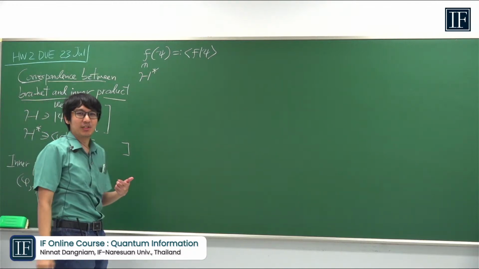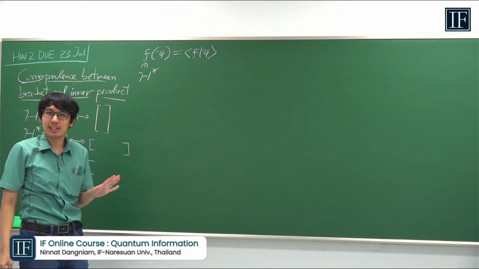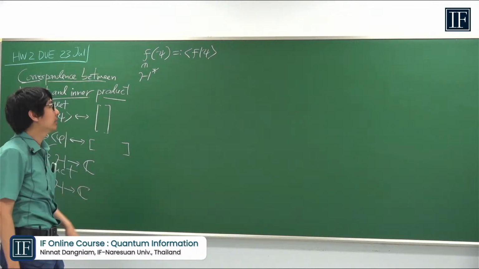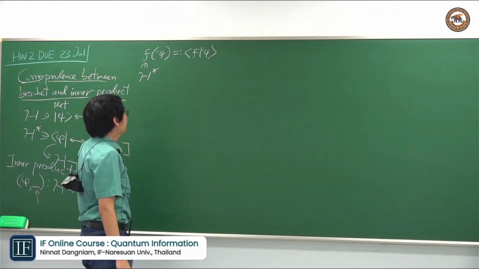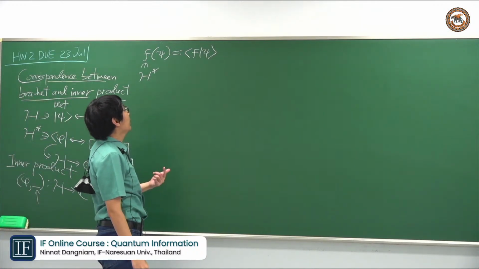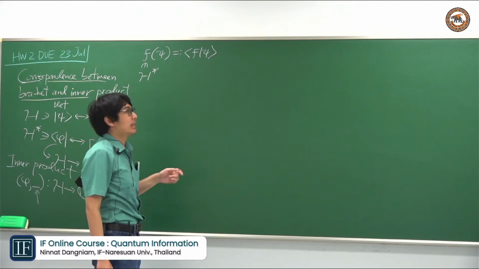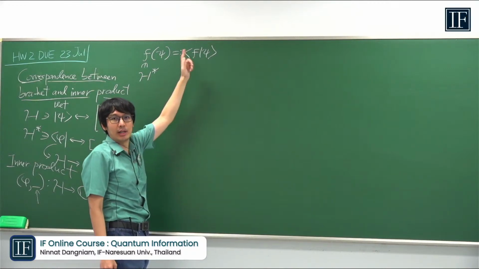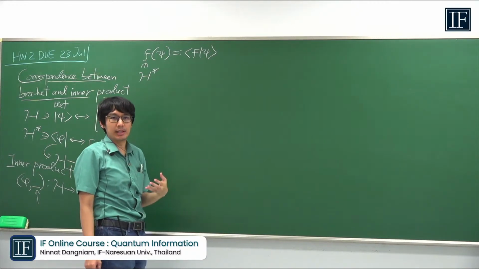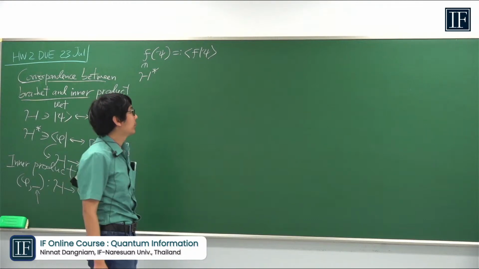We tend to think of it as an inner product, but it's technically not an inner product yet. How can we think of it as an inner product? We would be able to do that if we can map this bra to a ket, if there is a corresponding ket for every bra.